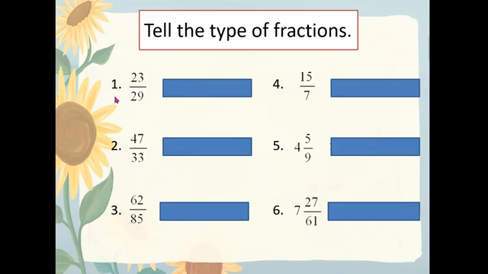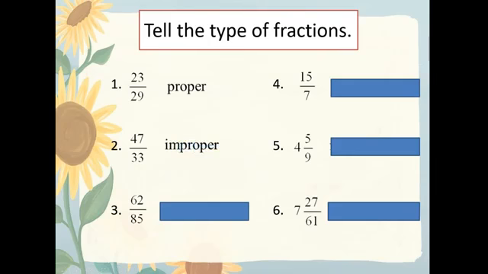More practice. Number 1, what type of fraction is number 1? Yes, it is proper fraction because the numerator is smaller than the denominator. Number 2, what type of fraction is number 2? Yes, it is improper fraction because the numerator is bigger than the denominator.